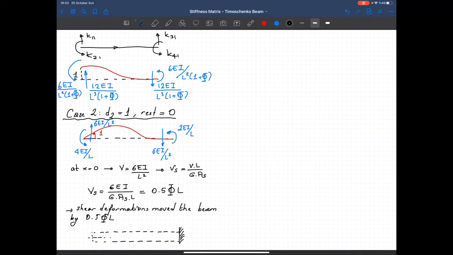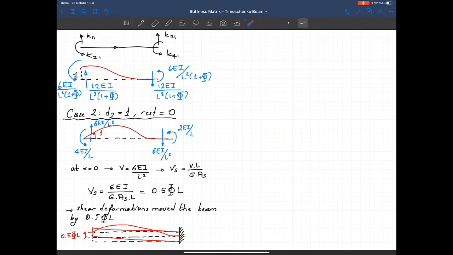That's the neutral axis. We tried to bend it, but this is the shear deformation that we got. But this time the magnitude of the shear deformation is 0.5 times phi times L, and the bending deformation is something like this. Okay, so this part shows the shear deformation, this part shows the bending deformation of the neutral axis.